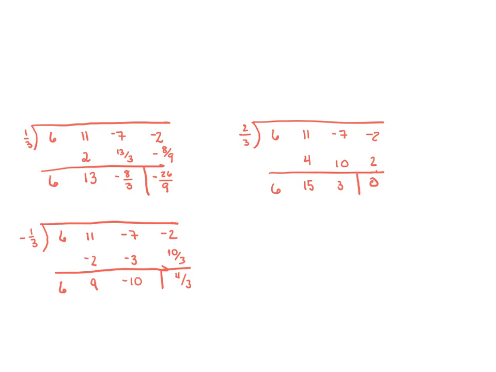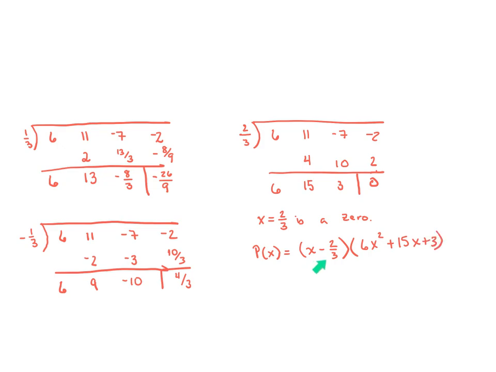So let's take inventory of what this means. X equals 2/3 is a 0. This also means that x minus 2/3 is a factor. So at this point, we have p of x equals our dividend, x minus 2/3, times our quotient, 6x squared plus 15x plus 3.